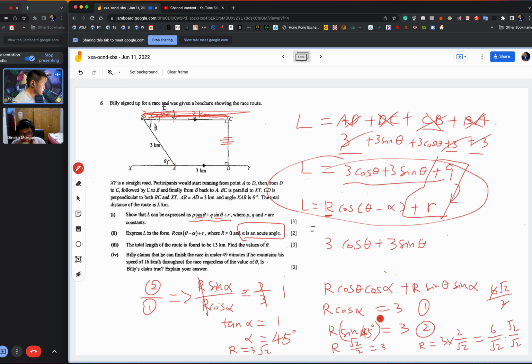I'm sorry, I made a mistake just now. So just now you say get the 3 out, right? Okay, so just now we get the 3 out. That means if we get the 3 out, hold on.